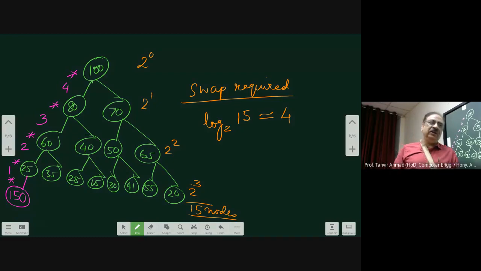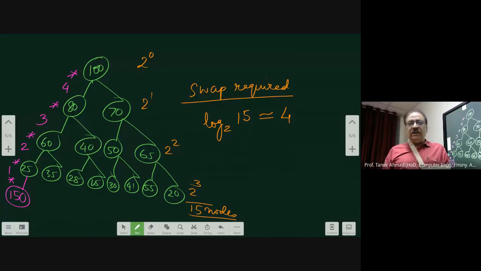Therefore, we call this build heap and heapify. Build heap is that you make a heap tree, and then you delete the nodes one by one so as to get a heap sort algorithm, which will require swapping again. And in the worst case, you will not require more than n log n time to perform the whole step.